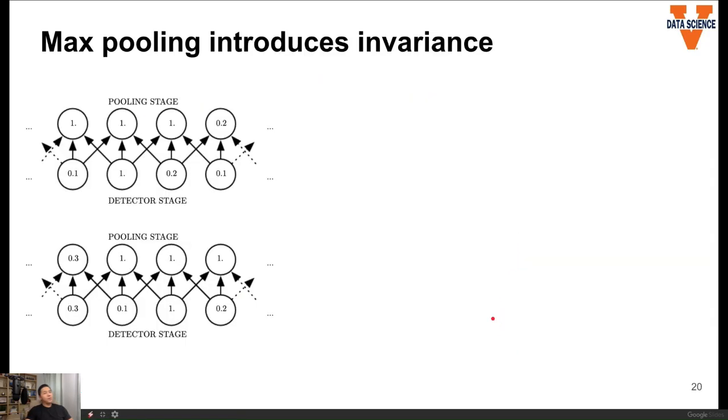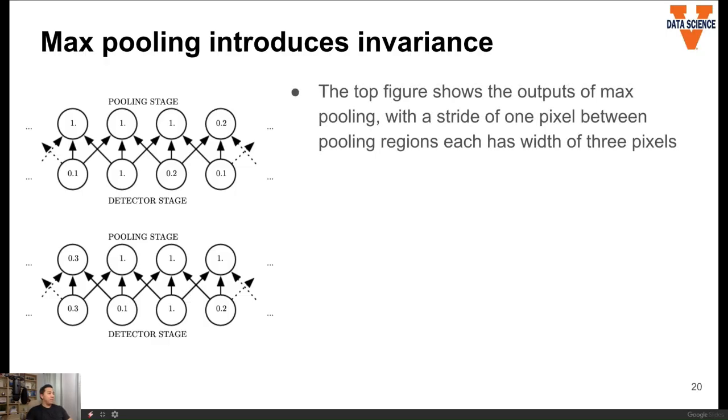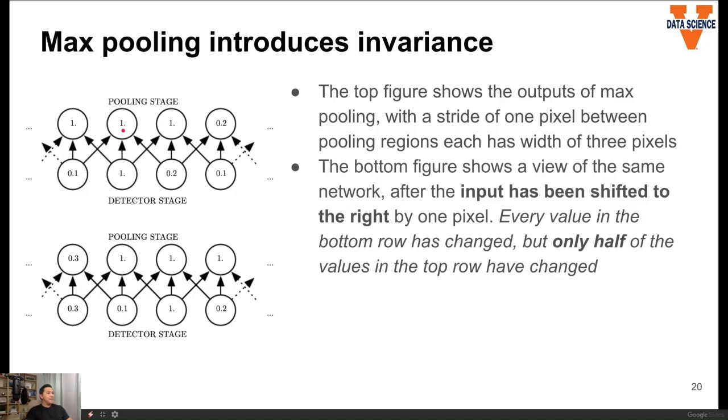Okay. Max pooling also has a nice invariance property. The top figure shows the output of max pooling, considering only 3 pixels in the input, right? So consider 1, 2, and 3 at the input pixels and pick the maximum. If I shift this input to the right by 1 pixel, which is down here, I shift everything to the right by 1 pixel.